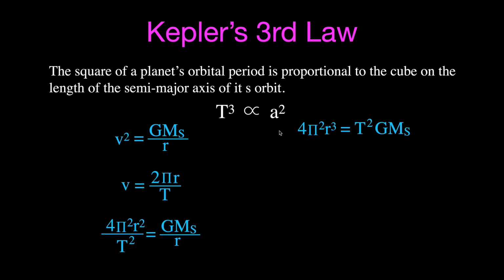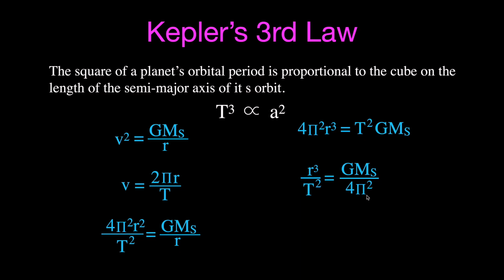So I'm going to divide both sides of this equation by 4 pi squared, and then I'm going to divide both sides of this equation by T squared, and that will give me on the left-hand side r cubed divided by T squared, and that is going to be equal to GM divided by 4 pi squared. So all I did was divide both sides by 4 pi squared, and then both sides of the equation by T squared, and I end up with this equation.